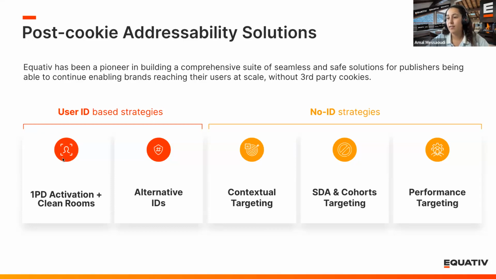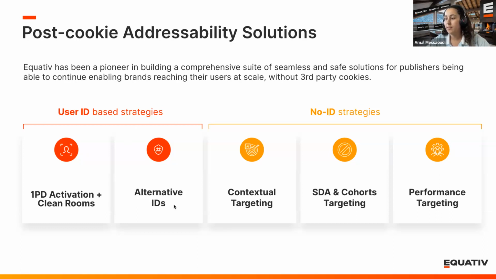They are divided into two families. One is user ID-based strategies. The second one is ID-less strategies. We put the clean rooms into first-party data activation because on the seller side, it's kind of the same process, the same setup to do for a first-party data activation and for onboarding the data into the clean room.